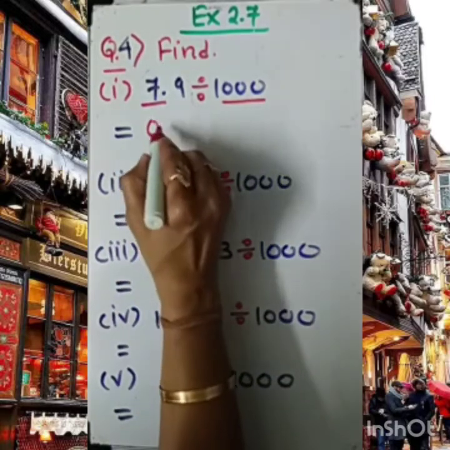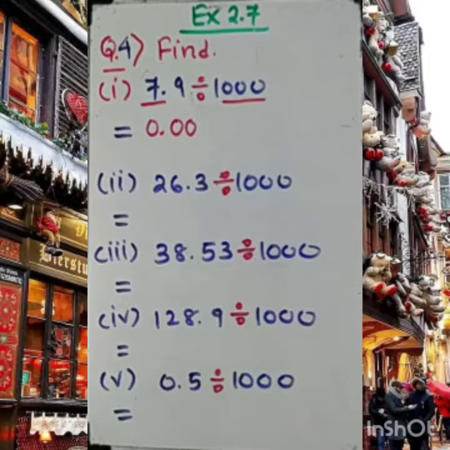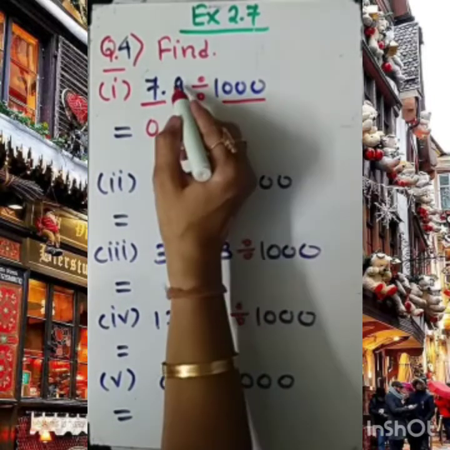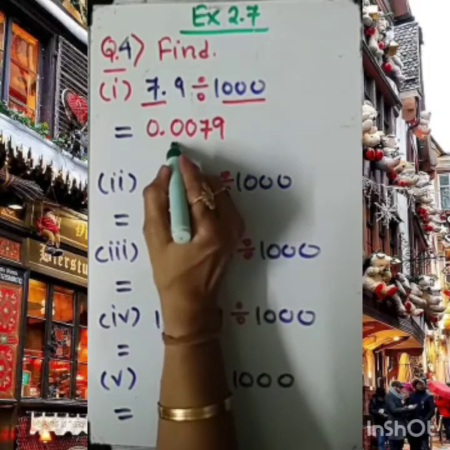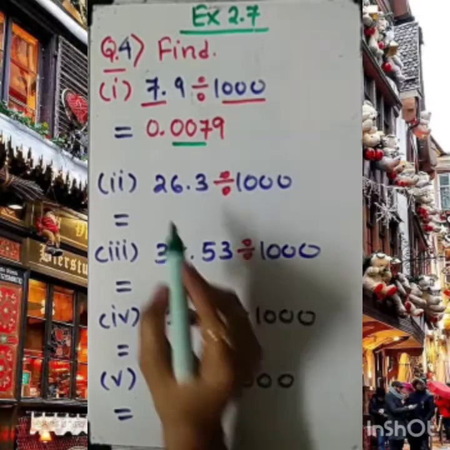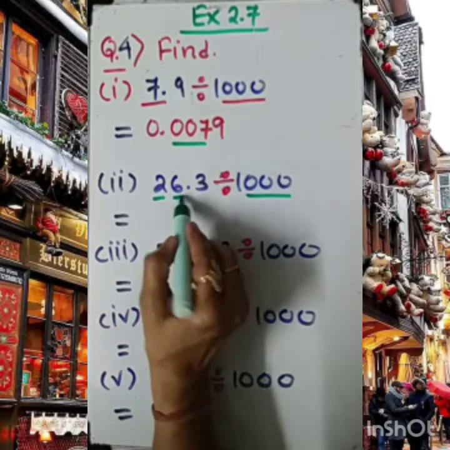So 0 will be there. 2 more digits, which means 0, 0. And 7 will become our third digit. And 9 is already on that side. So that will be 9. So I have shifted these 3 digits to the left side. Same procedure here going to apply 3 digits, but here I have only 2 digits.